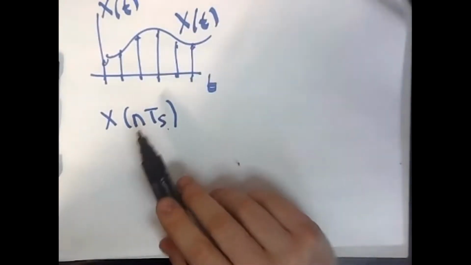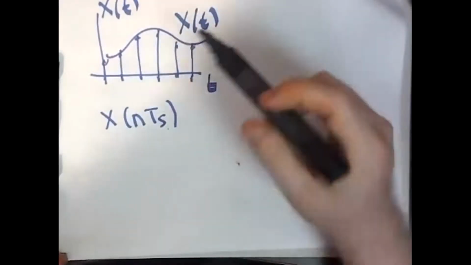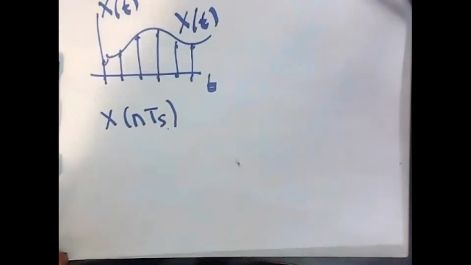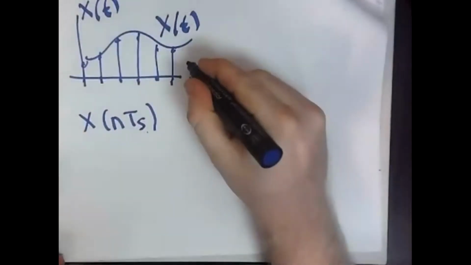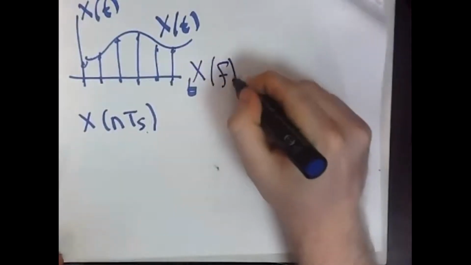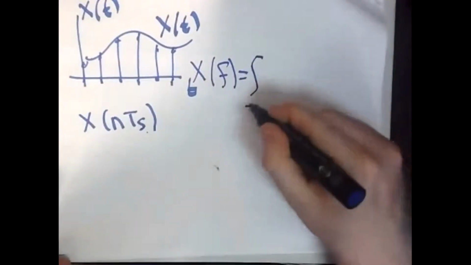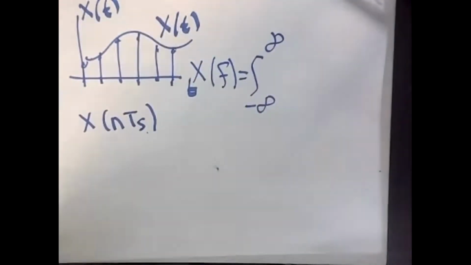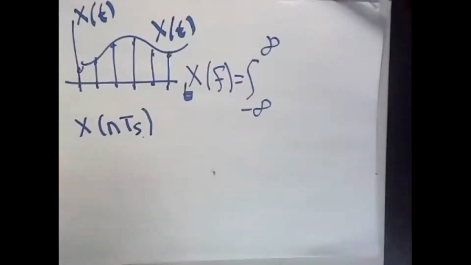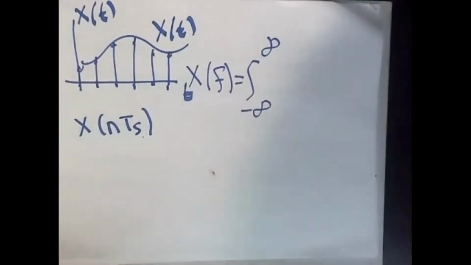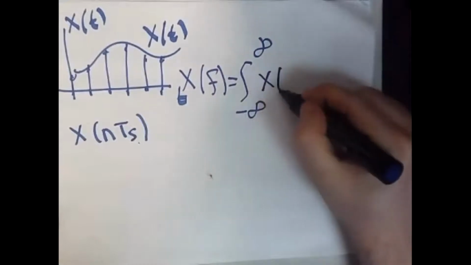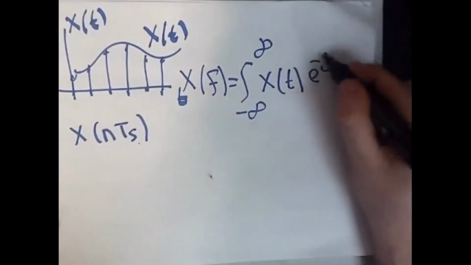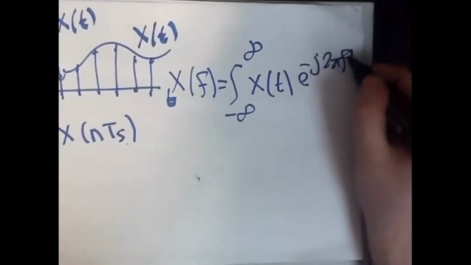Now, if I would like to make a Fourier transform, if I would like to observe the frequency spectrum of this analog signal, I will use what's called the Fourier transform, which is as follows: X of f equals the integration from negative infinity to infinity of x of t e to the power negative 2 pi f t dt.